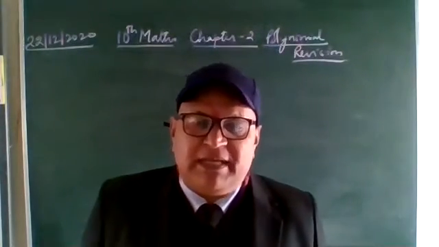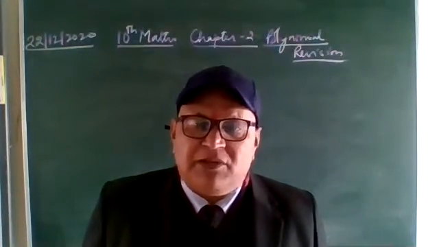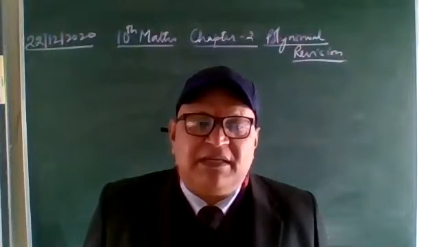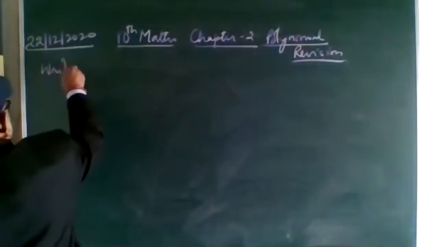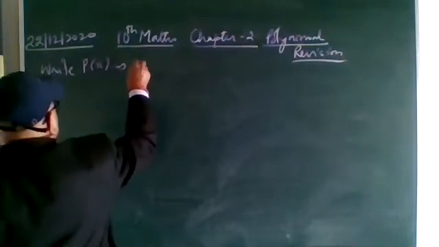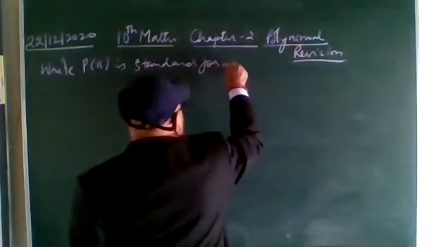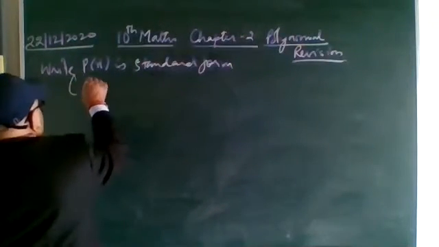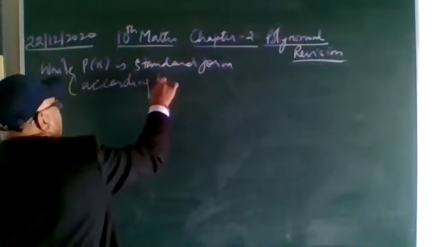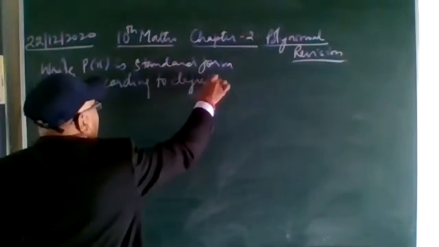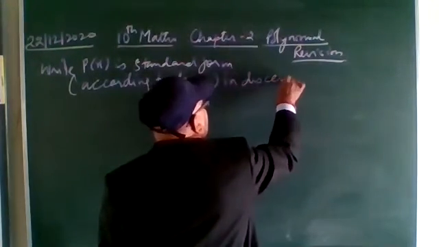This type of question was there in the exam, and the students were saying it was wrong because they don't remember. First thing is to write P(x) in standard form, that is according to degree, in descending order.